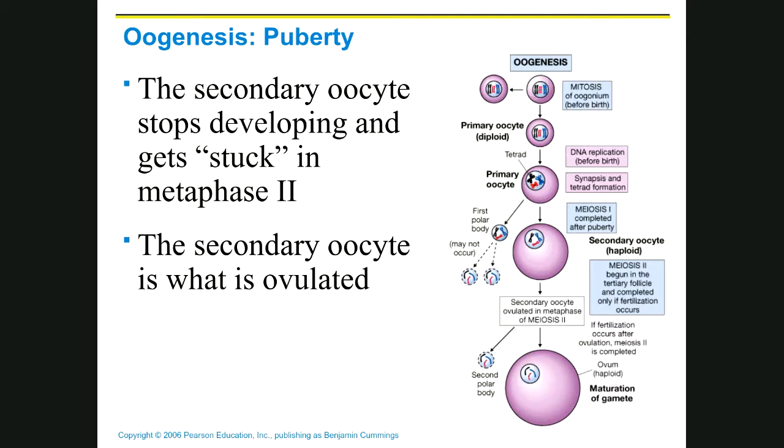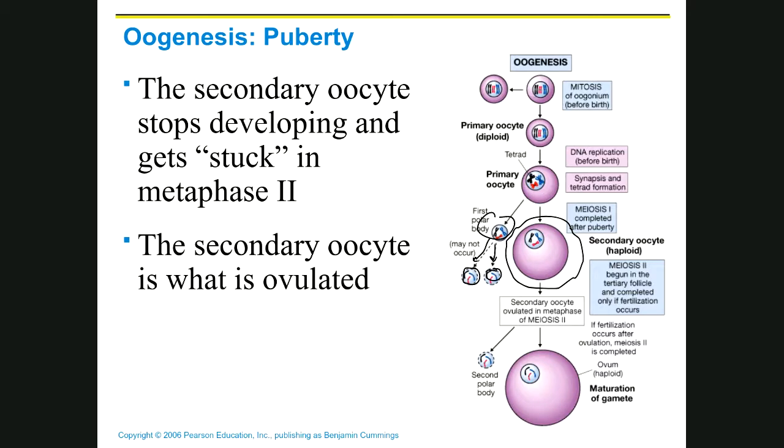Well, the secondary oocyte doesn't continue either. It doesn't develop any further. It stays just like that. Now, sometimes this polar body will divide. It may not happen, but sometimes it happens. And if it happens, we're going to get even two smaller polar bodies.